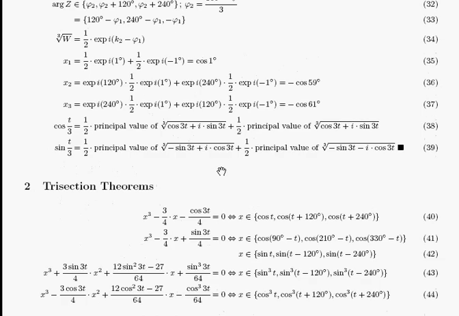If you simplify, you will have x3 minus 3/4 cosine of 3t, x2 plus 12 cosine squared of 3t minus 27 over 64, x minus cosine to the power 3 of 3t over 64 equals to 0. And the 3 solutions, if you take it to the calculator, the cubic root, the arc cosine, will be t plus constant degrees.